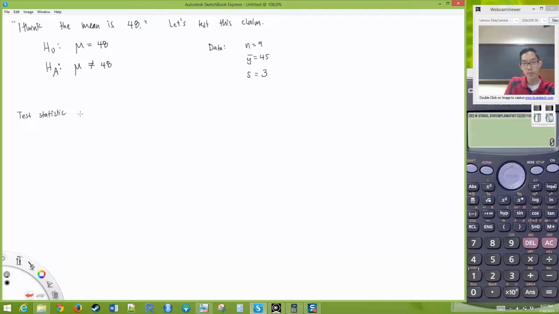And the test statistic is always in the form of what we observe minus the value in the null, divided by our standard error. And because it's the t-test, our test statistic is t.